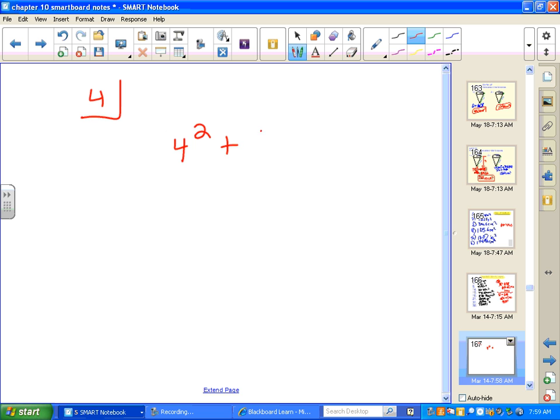It's 4 squared plus, say that again, 1/2 times what? 4 times 3 times 5. Okay. And then times the slant height. Okay. What was wrong with this? That first part, something's wrong with that.